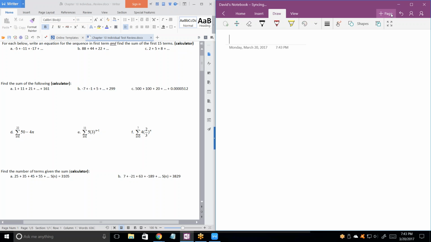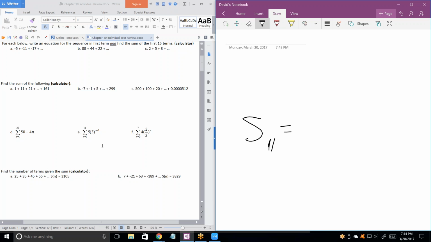All right, so E, already talked about it. It's a geometric series. And that's because the variable, for one thing, it's in the exponent, and it looks just like our geometric series look. How many terms are in this one? 11. Okay, so I'm going to want S sub 11.